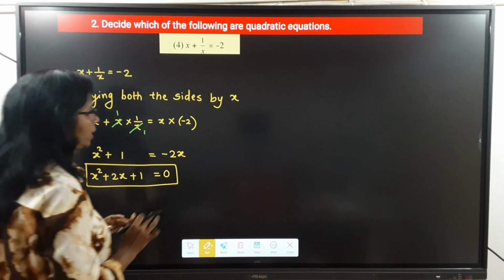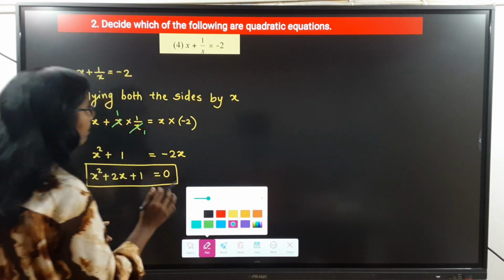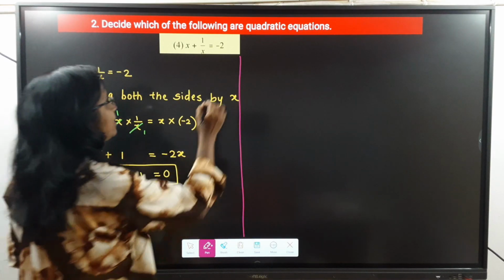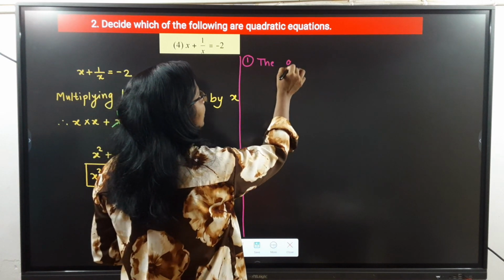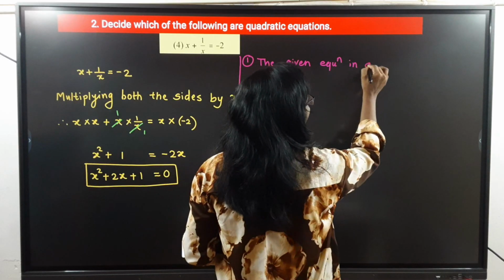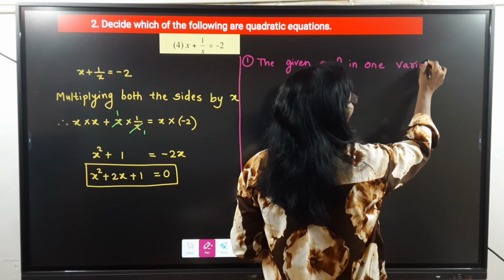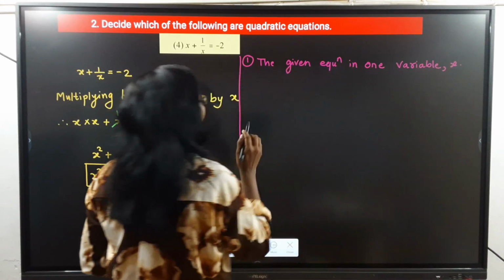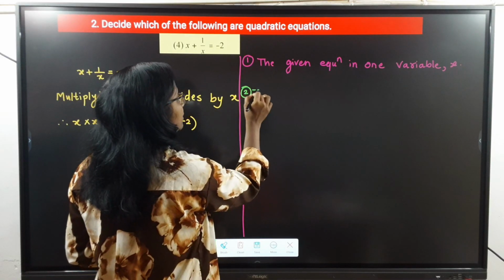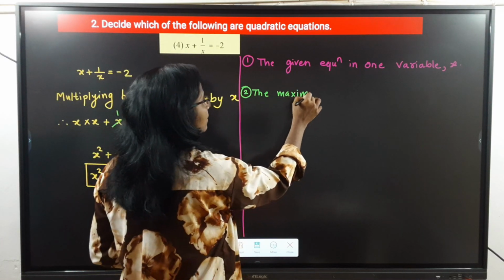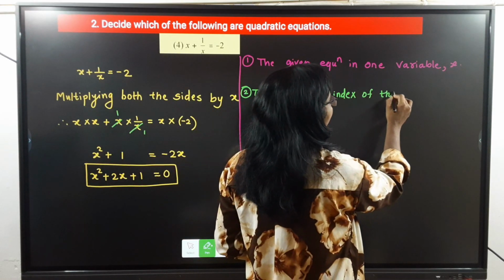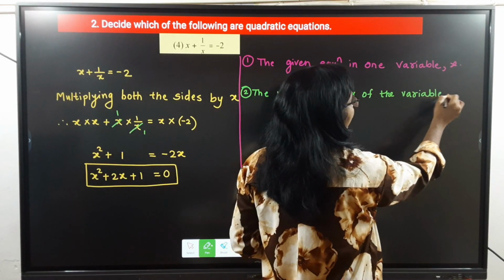So now students, we write down the conditions one by one with respect to this equation. First we say that the given equation is in one variable x. Then this condition is fulfilled. Second we say the maximum index of the variable is 2.